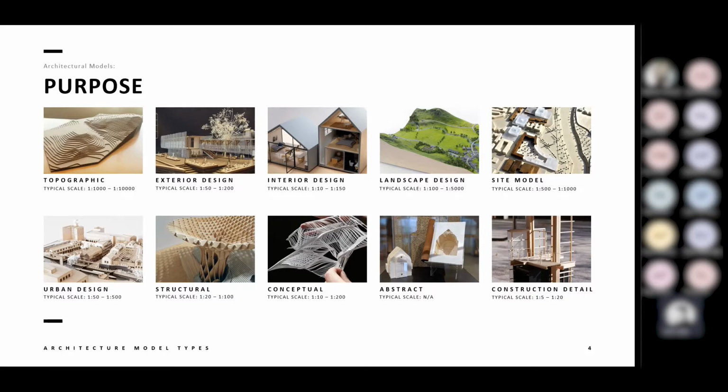To begin with, we've got topographic modeling up in the top left. I'm sure you can understand what this is straight away. It's built from a topographic map, and it's showing us the height data of the land of the site that we're working on. Typically, these will be quite large-scale models, or small-scale models with large numbers. You might see these from 1 to 1,000 to 1 to 10,000 if it's a very large area.